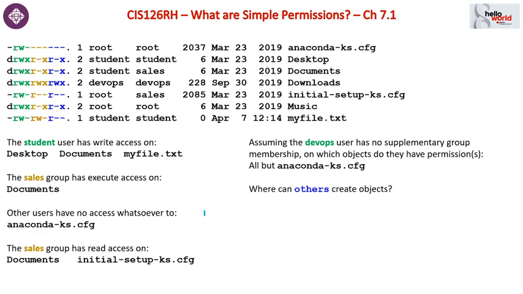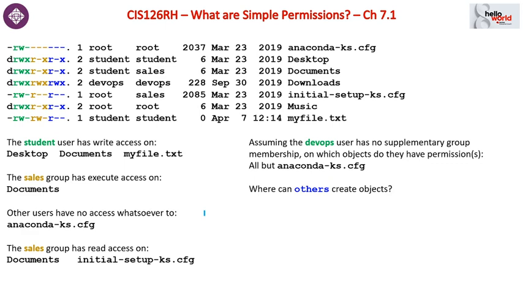Where can others create objects? In this scenario, to create an object means it needs to be a directory. So I don't need to worry about files. I'm only going to look at directories.